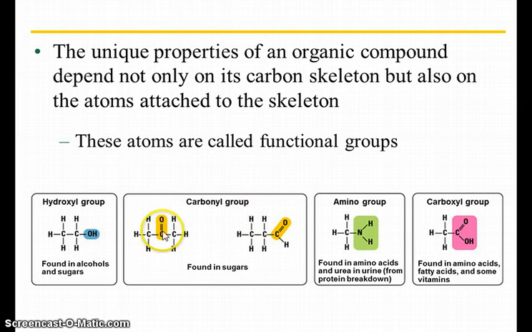Carbonyl groups, you can have a double bond with an oxygen in the middle, like a ketone, or an aldehyde where it's on the outside. Those will be in sugars. You can also have amino groups with nitrogen and carboxylic acids, so a double bond with an oxygen and an alcohol in the end. Those are all going to change the function and shape of the carbon-based molecule.